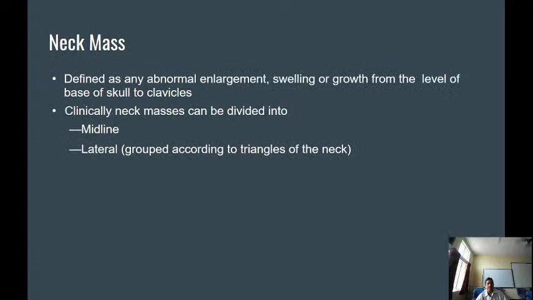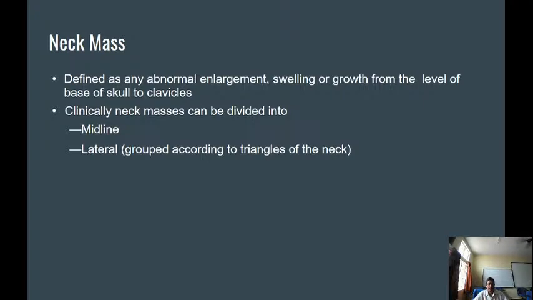Now usually these neck masses are defined as abnormal enlargements or swellings from the level of the base of skull to the clavicles. Clinically, neck masses can be divided into ones which are present in the midline, and ones which are laterally situated.